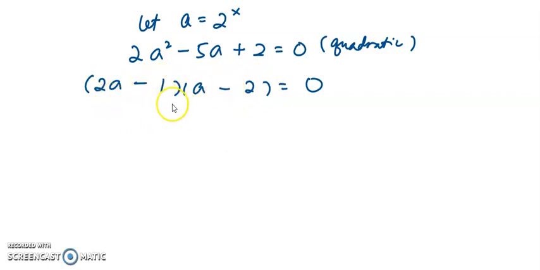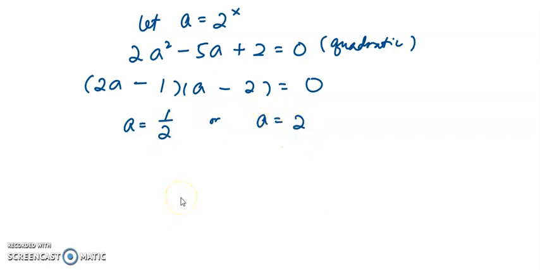Try to expand it back, check whether your factorization is correct. So 2a squared minus 4a minus 1a, you get negative 5a. Negative 1 multiplied by negative 2, you get positive 2. So what you have factorized is correct. Now you can solve for a, where the first a is 1 over 2. The second a will be 2.